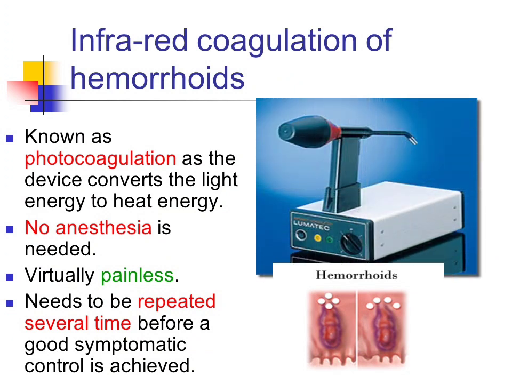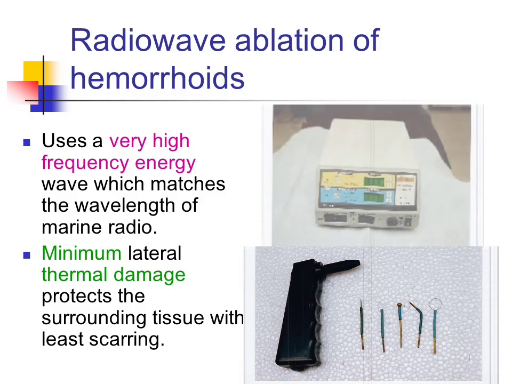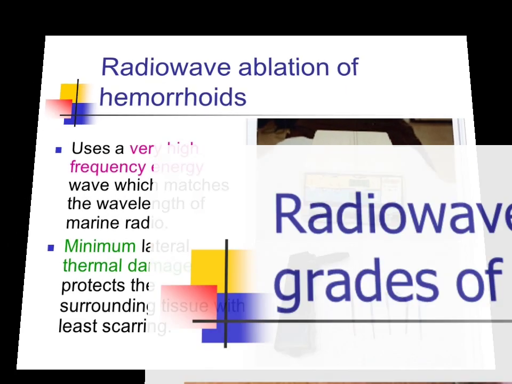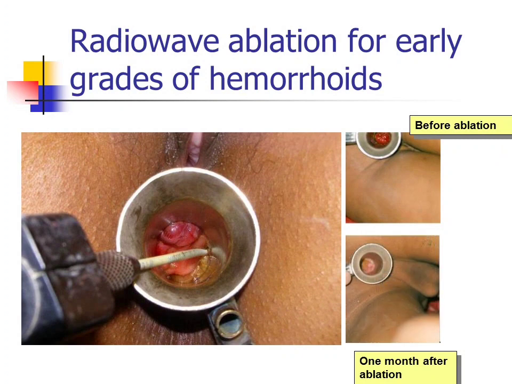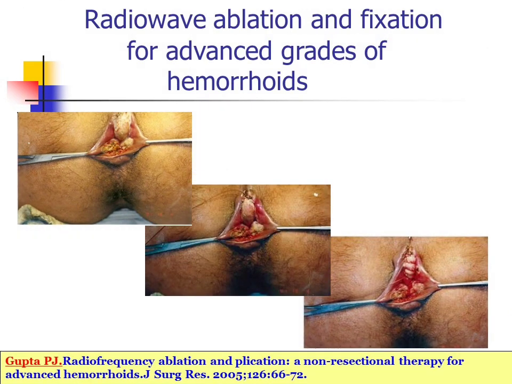The various methods include infrared coagulation or photocoagulation. Then comes the bipolar electrosurgical device causing radio wave ablation of hemorrhoids, which causes minimal lateral thermal damage. So this is the way radiofrequency ablation is done in situ on the hemorrhoids. Then for advanced grades, fixation after ablation.